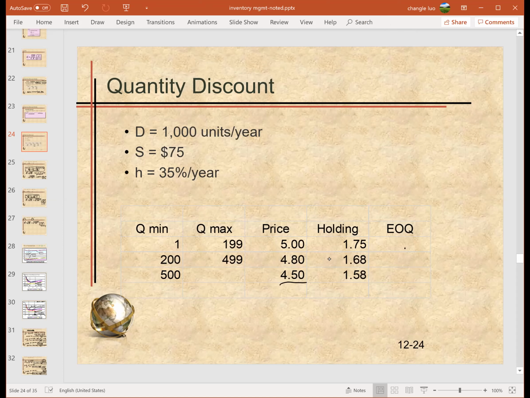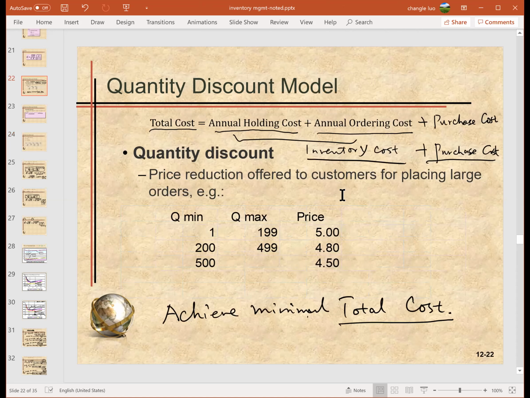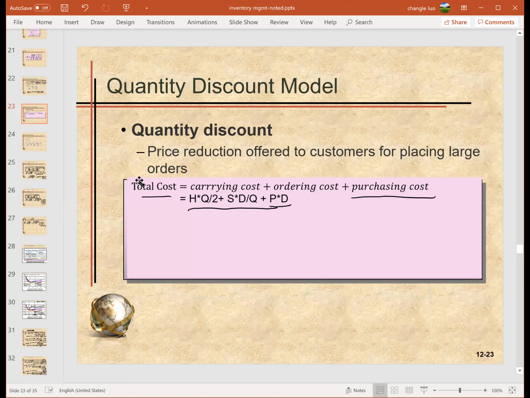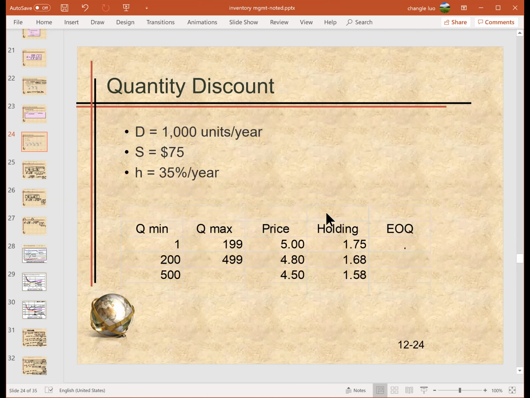The holding cost is 35% of it, which is $1.58. Now, we copy our equation over from the past page and leave it right here, so it's easy for us to see.